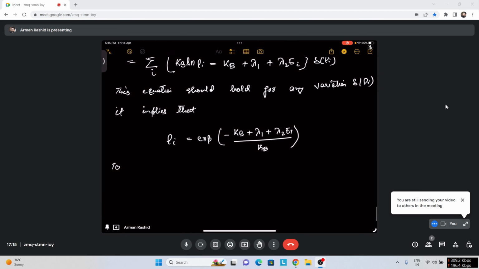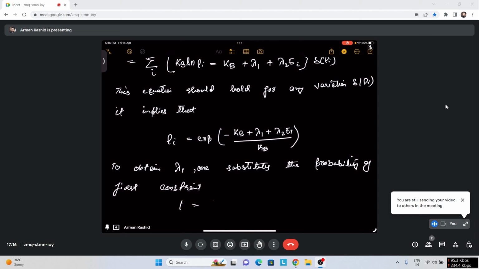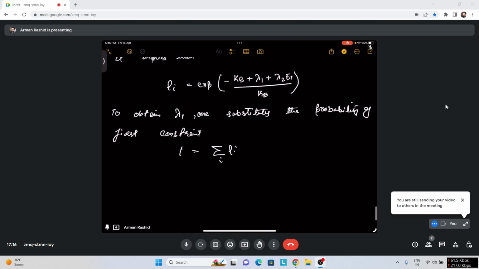Okay, to obtain lambda 1, one can substitute the probability of the first constraint, that means 1 is given by summation over probability of all the states should be equivalent to 1, so that is given by exponential minus kb plus lambda 1 divided by kb into z.